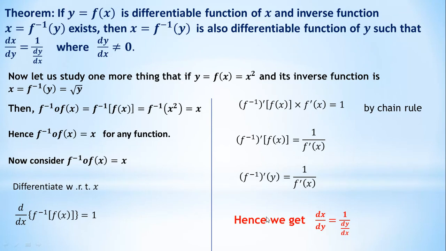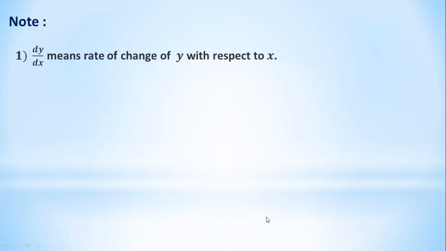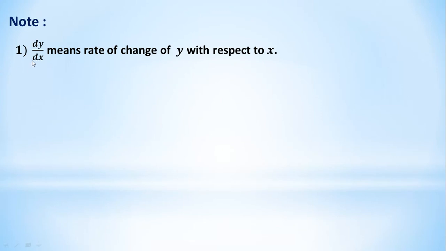Okay. Now let us see one note. What is the meaning of dy by dx? Dy by dx means rate of change of y with respect to x. So if you try to find out the rate of change of y with respect to x, then mathematically it is dy by dx.